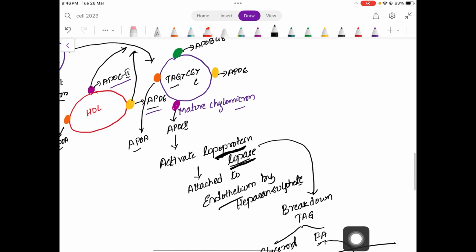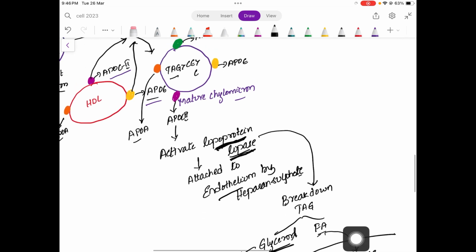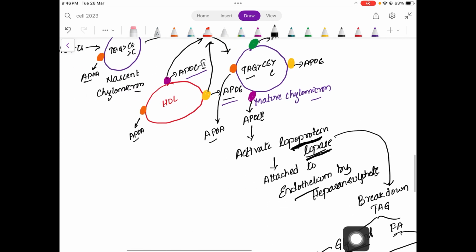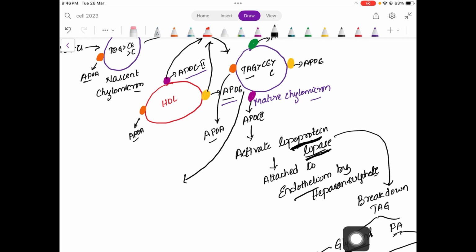Now this mature chylomicron is losing its triacylglycerols, and the size of the chylomicron will decrease, because most of the triacylglycerols are broken down by the lipoprotein lipase into fatty acids and glycerol.